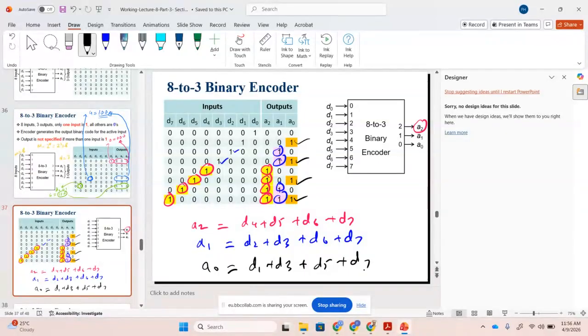Can anyone tell me, if anyone answers this question, they may get some bonus marks. How can we design, is it possible to design an 8 to 3 binary priority encoder? Anyone?